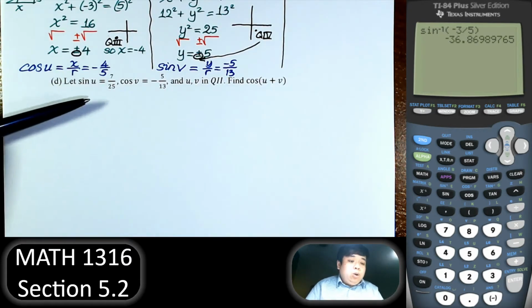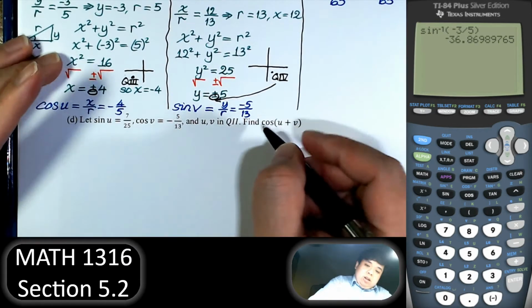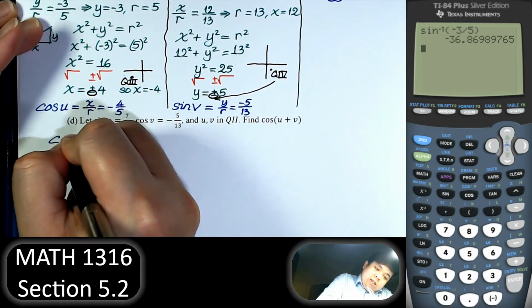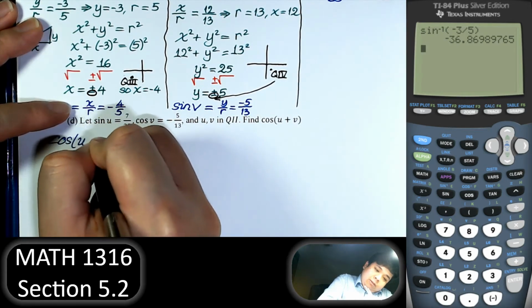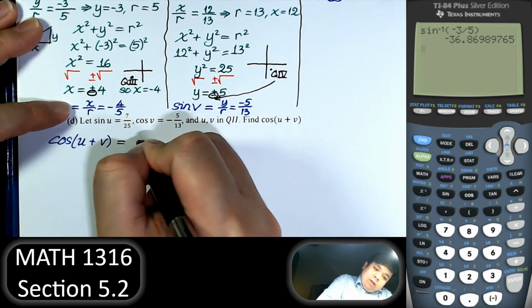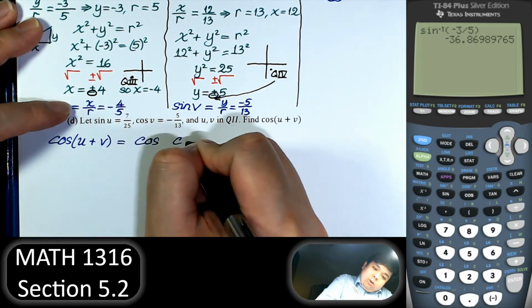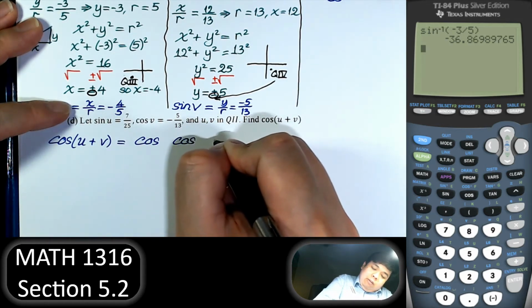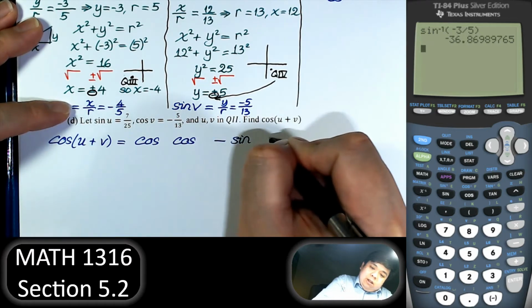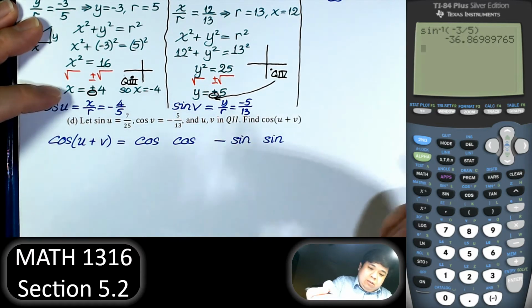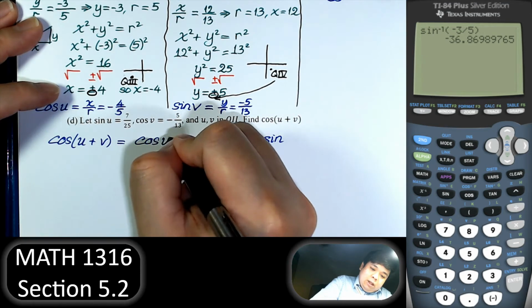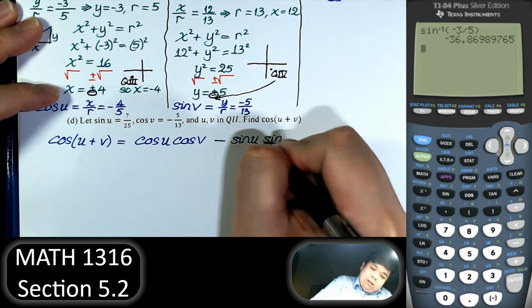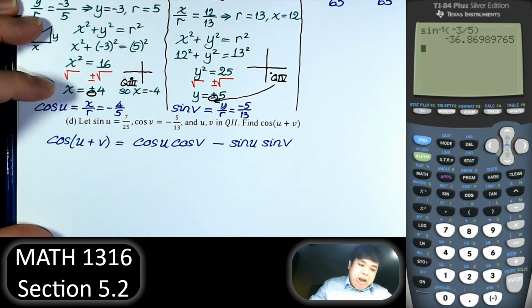Next, go to this problem. So we start with cosine of u plus v. So it's cosine cosine minus sine sine. Right, what do we have?